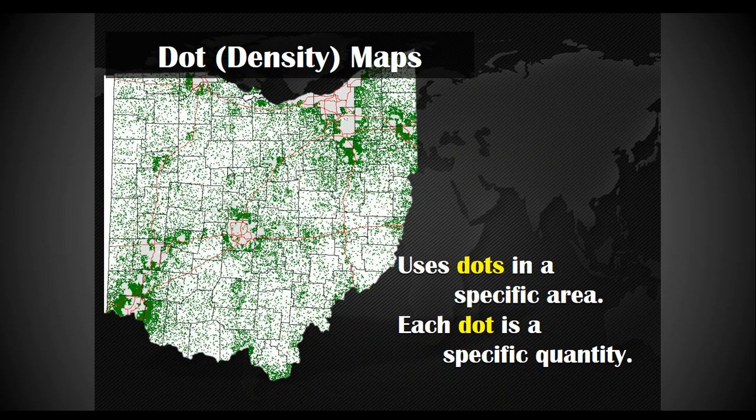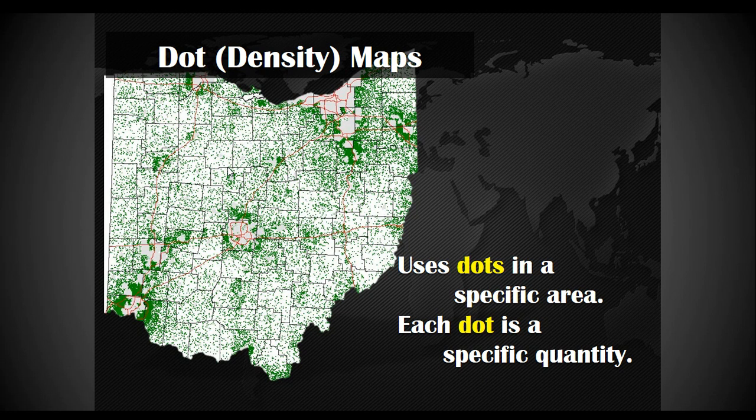A dot or dot density map, that is where a particular dot represents a certain value. One dot doesn't have to equal one value. So one dot doesn't represent one person necessarily, or one horse, or one store. The dots can also represent multiple values, but it's going to be an assigned quantity. So each dot is going to be specific to an area.